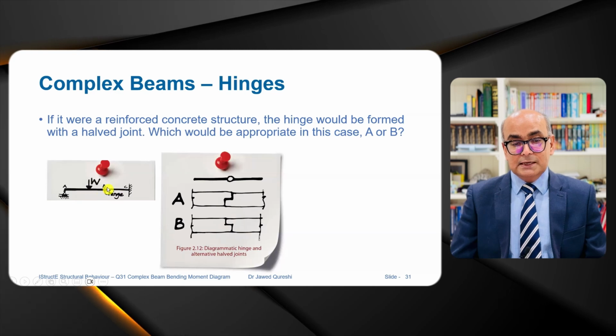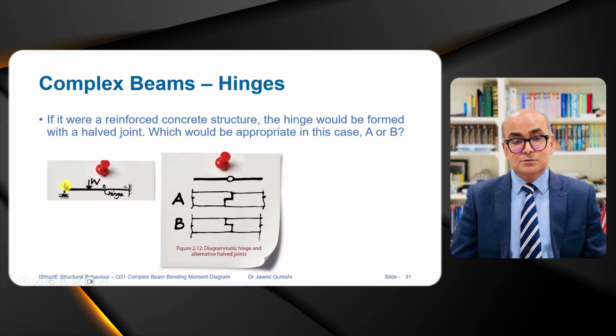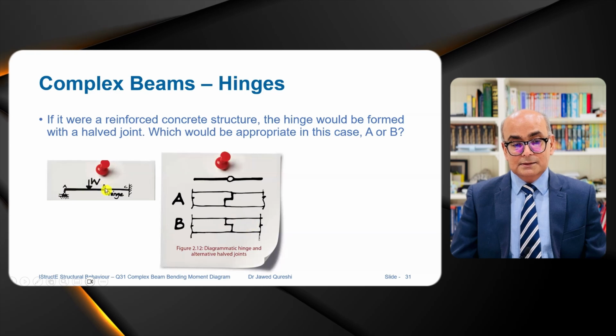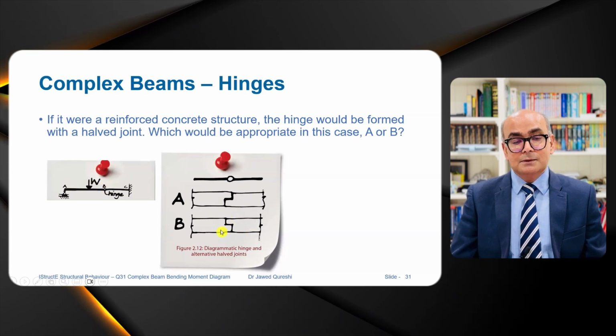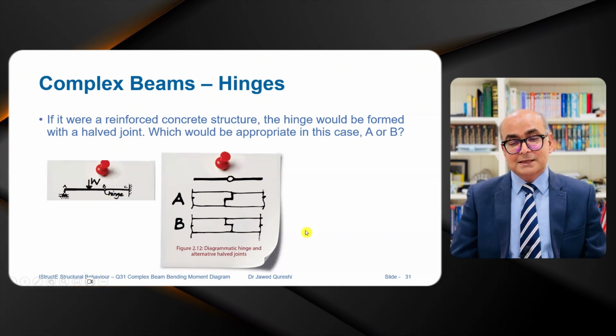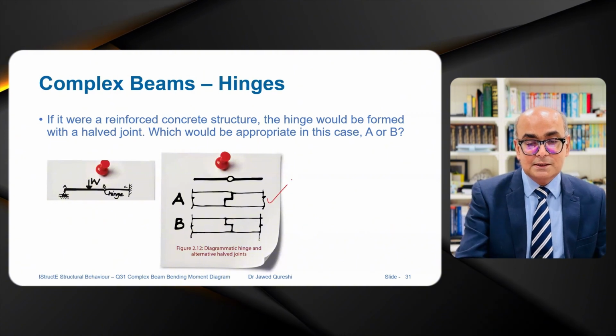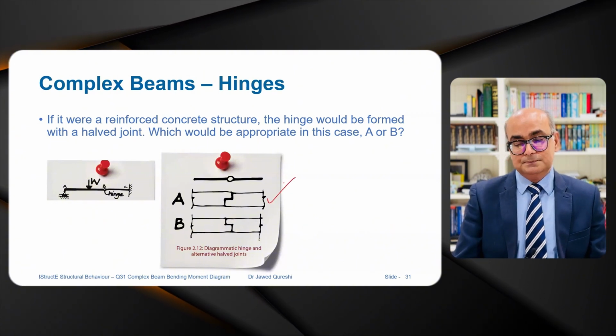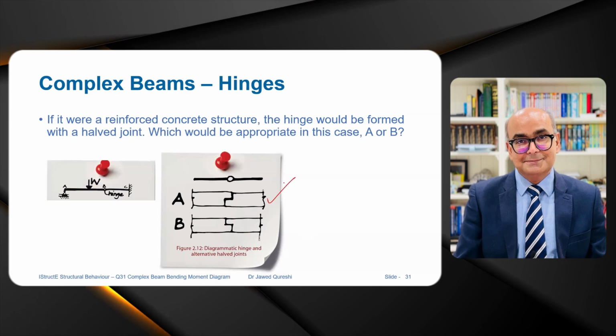And if this is the case, then this is rotating and this pin is rotating as well. It means that this is not going to take any loading at all. So B is incorrect. Option A is the correct one. Did you get it right?